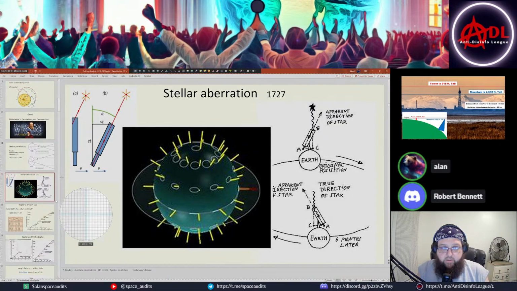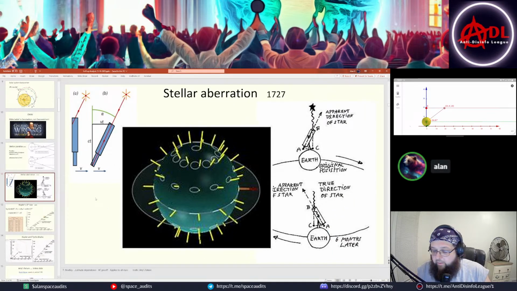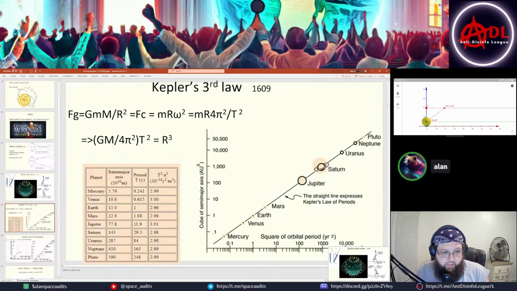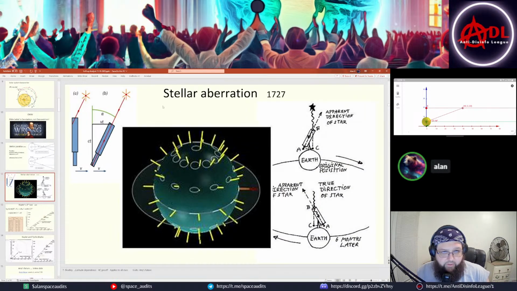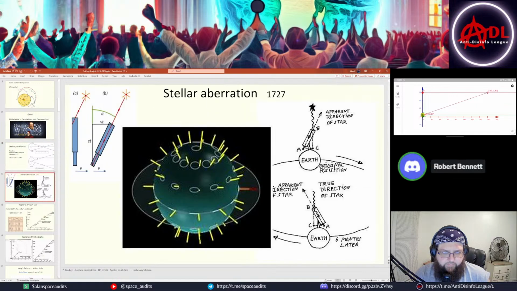Yeah, you just had this stellar aberration slide, and then there was supposed to be a follow up explanation, because this one's just for the heliocentric version, and then the next slide was Kepler's law. There was no follow up to the stellar aberration. Yeah, well, the only slide I have is the one that you're showing.